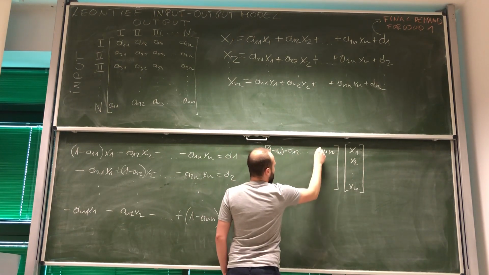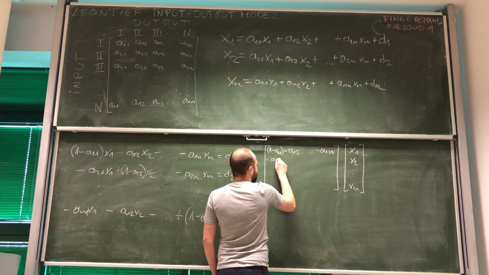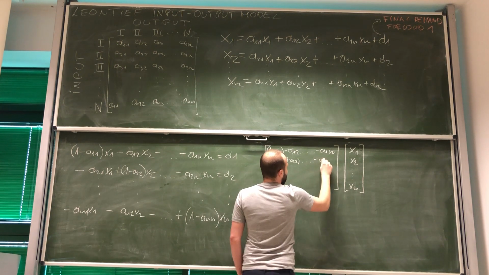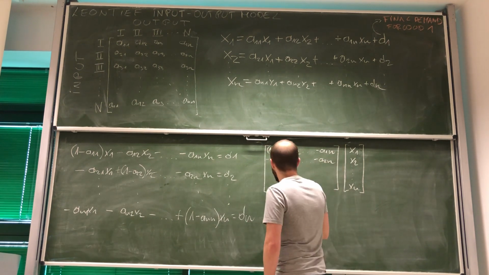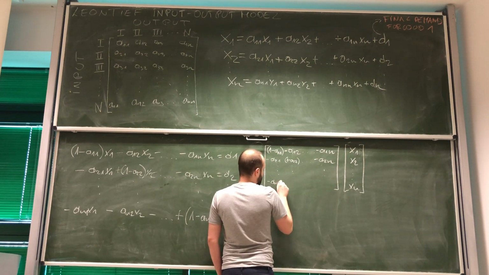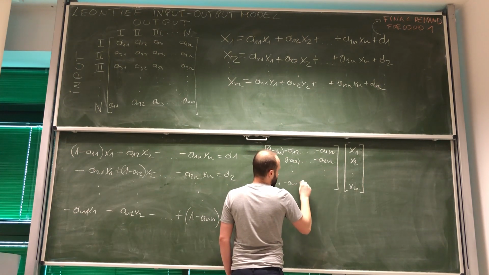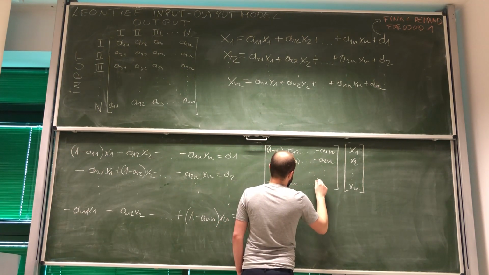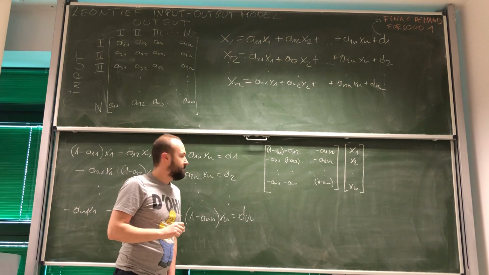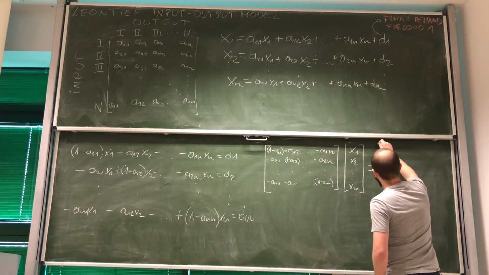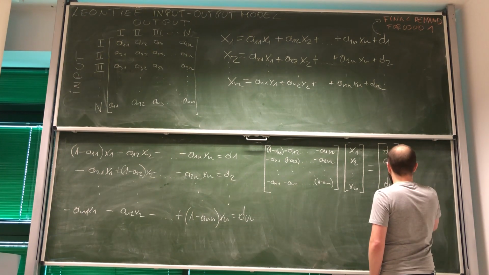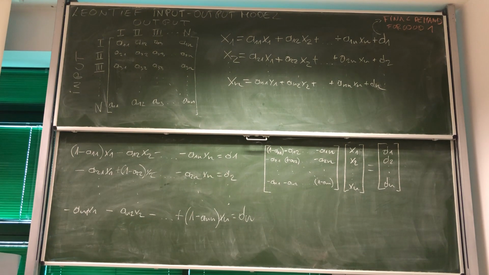Then negative a21, 1 minus a22, until negative a2n. And we go on like this until the last equation where we have negative an1, negative an2, until 1 minus ann. And of course this is equal to d1, d2, until dn, the vector of final demands.